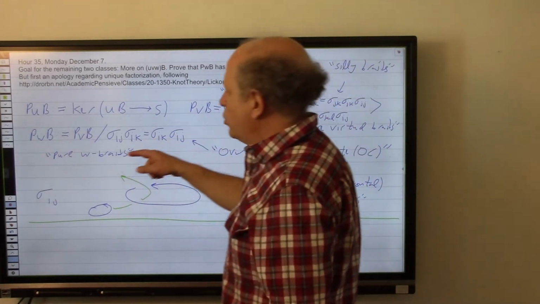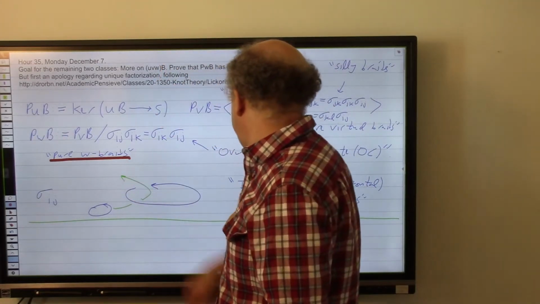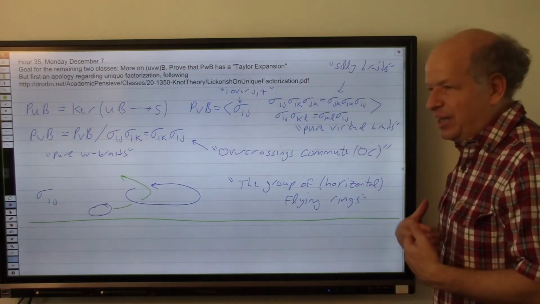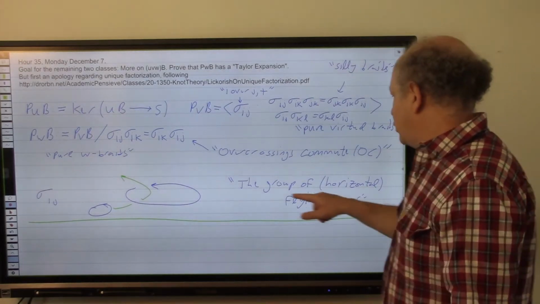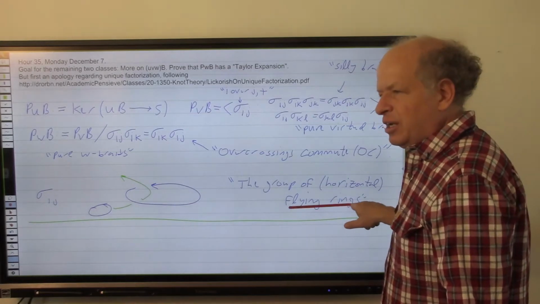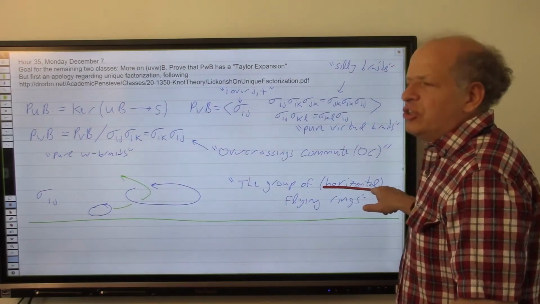And the quotient group is called PWB, the pure welded braids. I started interpreting it last time, and I want to finish the story. So it's the group of horizontal flying rings. And I should say that the word horizontal here is not crucial.